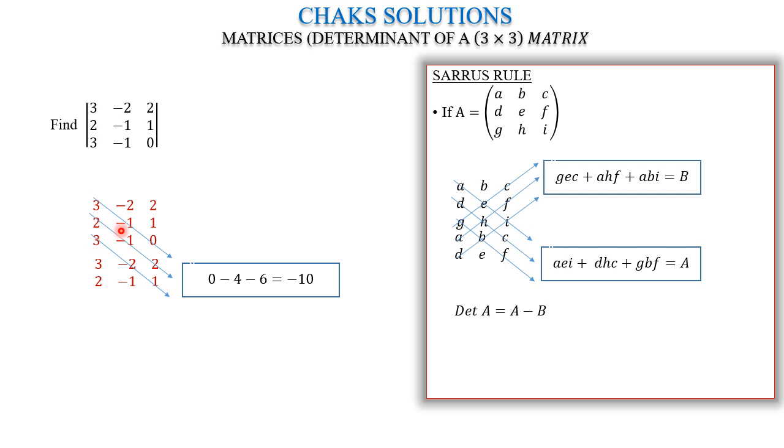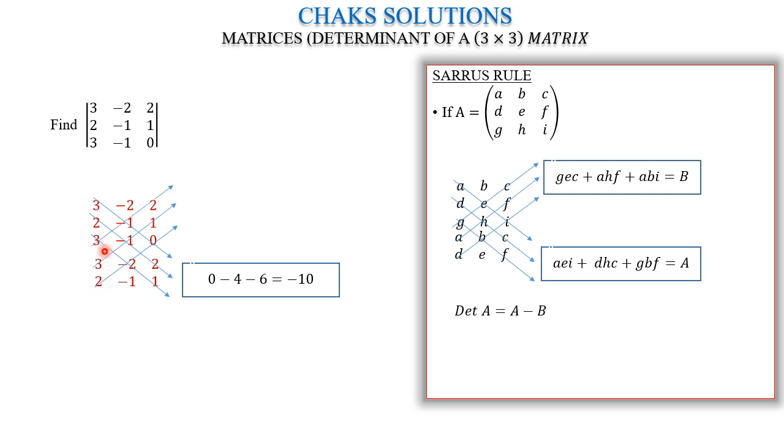Alright, so you can see the first one: 3 times minus 1 times 0 will give me 0. Then 2 times minus 1 times 2 will give me minus 4. Then 3 times minus 2 times 1 will give minus 6. So the sum here will give us minus 10. Alright, then we go to the other side, the diagonals from the bottom.